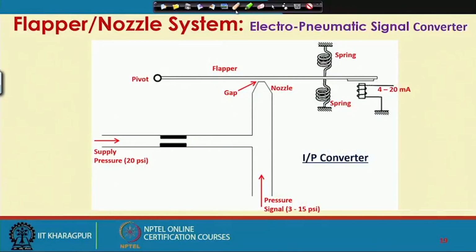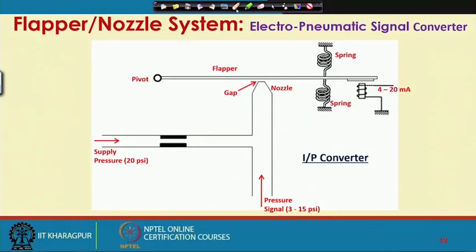Like 3 to 15 psi pressure is used for industrial control system or industrial pneumatic control system. 4 to 20 milliampere current is used for electrical signals in case of industrial electrical control systems.